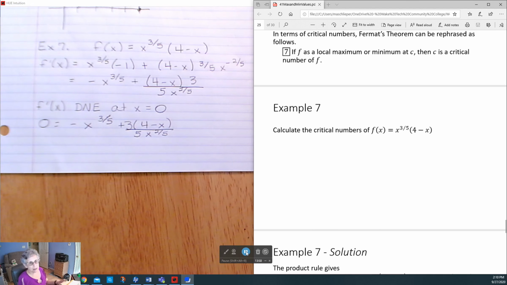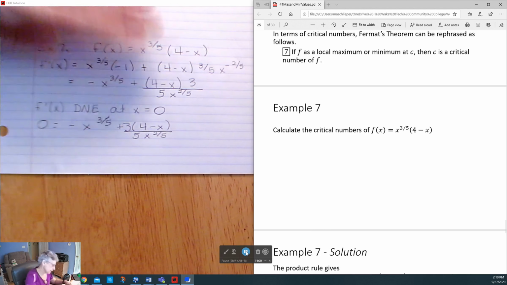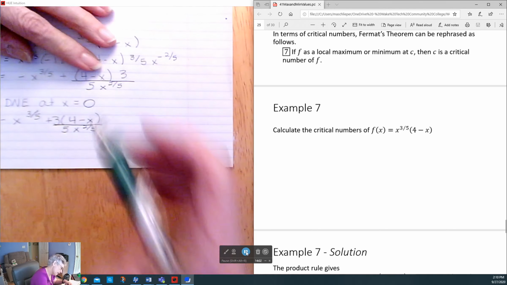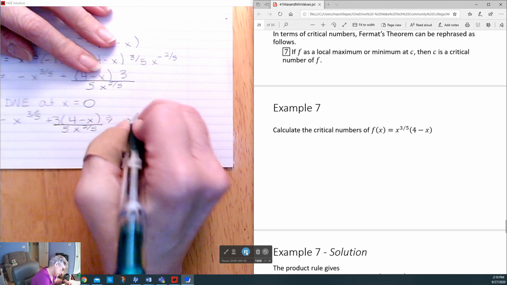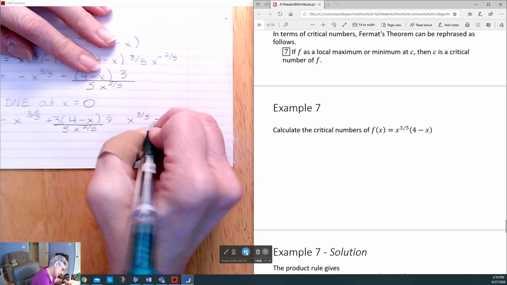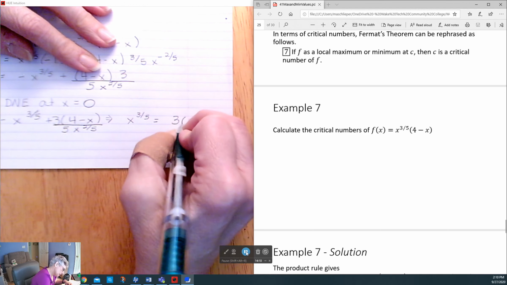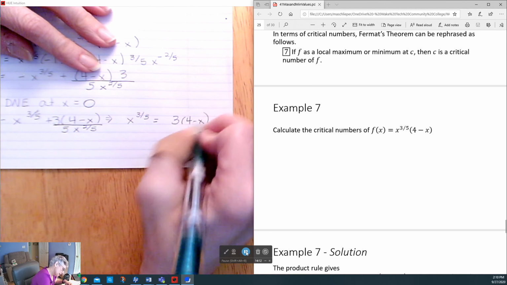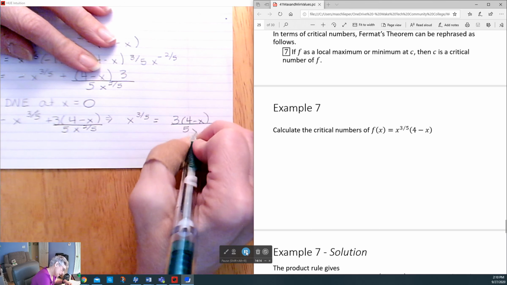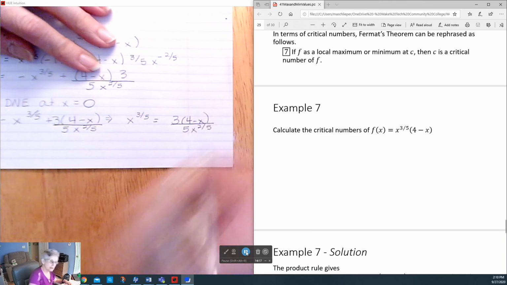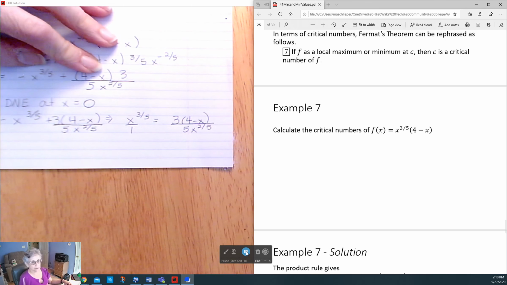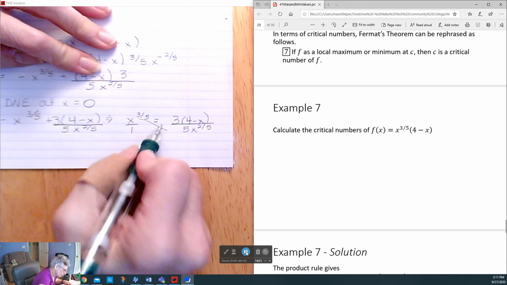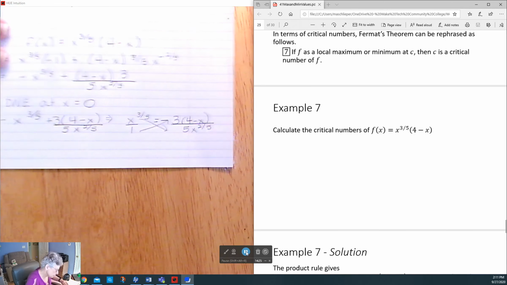I see something like that and I think, I could cross multiply and solve that. I'm going to move over here. I'll put x to the 3/5 on one side and 3 times 4 minus x over 5x to the 2/5 on the other. Invisible 1, no longer invisible.